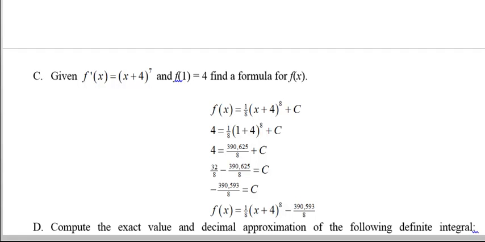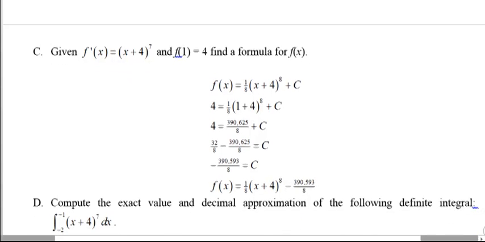And when we do that subtraction, we get negative 390,593 over 8 for c. Take that value, plug it in for c in the original, and now we have our function we're looking for. If we took the derivative of this, we would get (x plus 4) to the 7th, and if we plug in 1 for x, we get 4 out for y, so it meets the conditions that we were after. Okay, well, what does this have to do with integration?